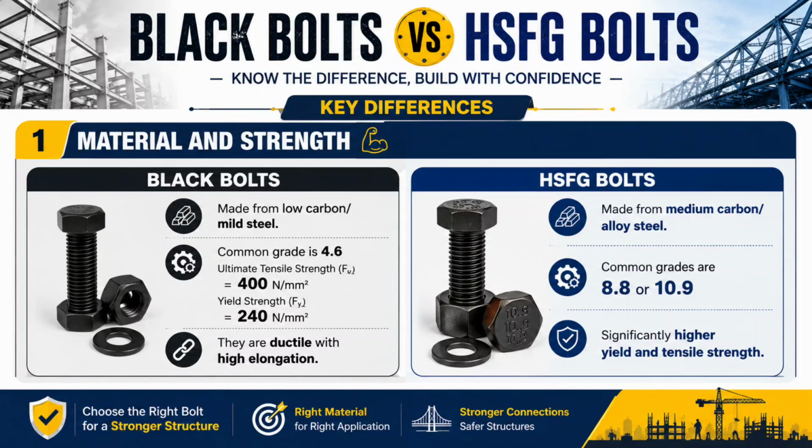In HSFG bolts, the bolt grades are usually 8.8 or 10.9 class. Black bolts are usually ductile with higher elongation, whereas HSFG bolts have significantly higher yield and tensile strength compared to black bolts.